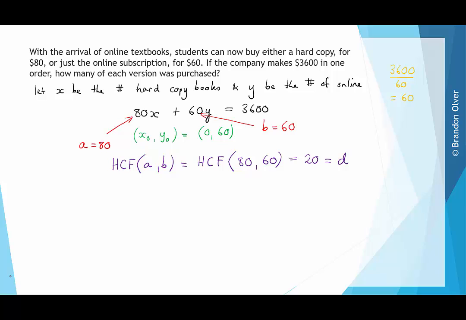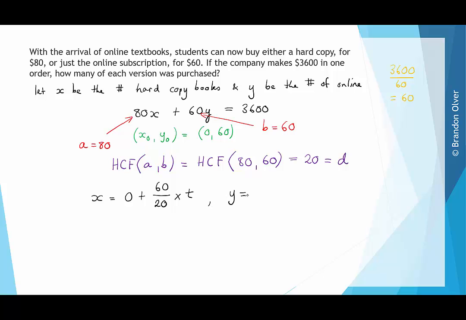So our general solution is given by x equals x naught, which is 0, plus b, which is 60, divided by d, which is 20, times the parameter t.